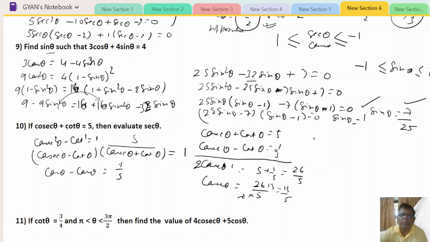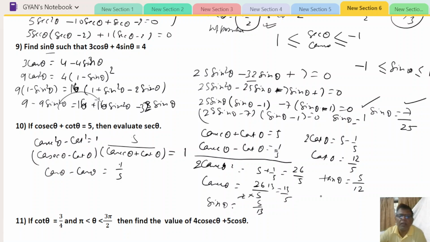Similarly, you subtract, then 2 cot theta will be 5 minus 1 by 5, so cot theta will be 12 by 5. So sin theta is 5 by 13 and tan theta is 5 by 12.